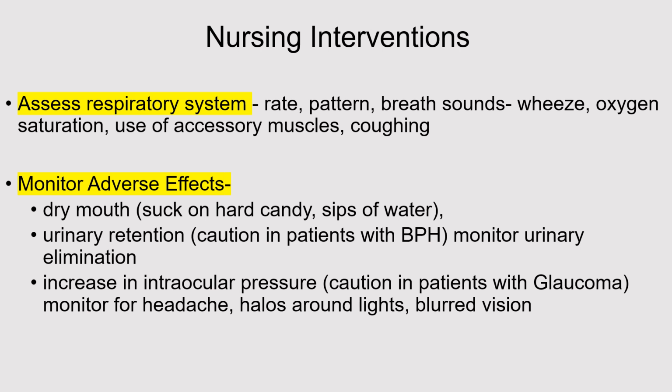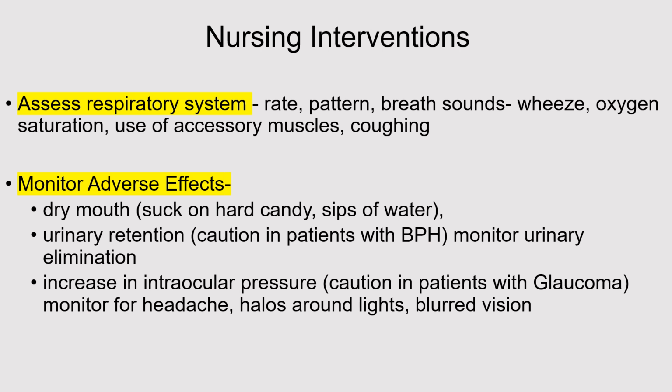All right, for this drug, you have to monitor for the side effects. What are the adverse effects or the unintentional effects of the drug? It's dry mouth, urinary retention, and an increase in intraocular pressure. We have already gone over this. When patients complain to you about dry mouth, what can you do? They can suck on hard candy or take sips of water to keep the mouth moistened. If the patient has urinary retention, especially patients with BPH, you would have to monitor the urinary elimination.